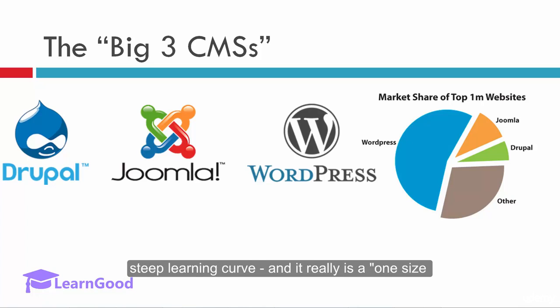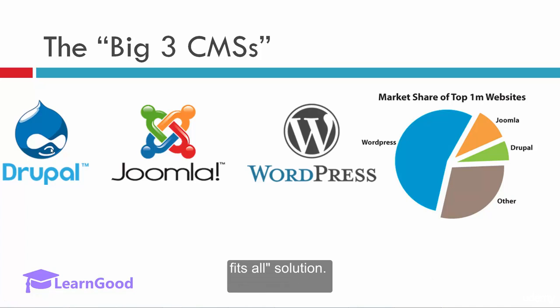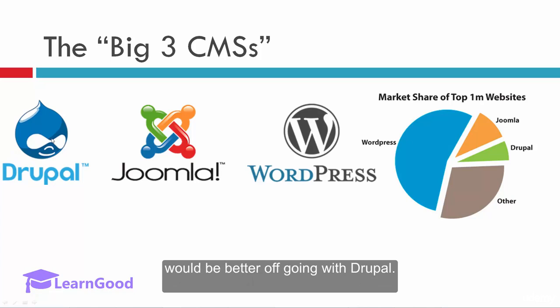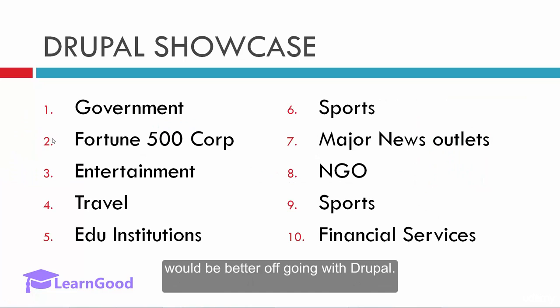However, it has a steep learning curve, and it really is not a one-size-fits-all solution. Joomla falls in neatly between the two extremes. It offers several advantages over WordPress but has a medium learning curve. If you are looking for an advanced website, you will always be better off going with Drupal.